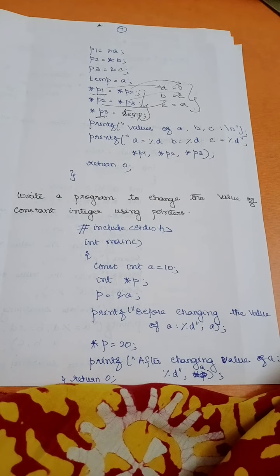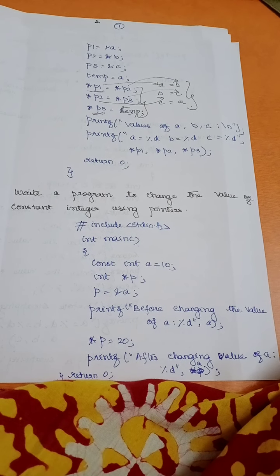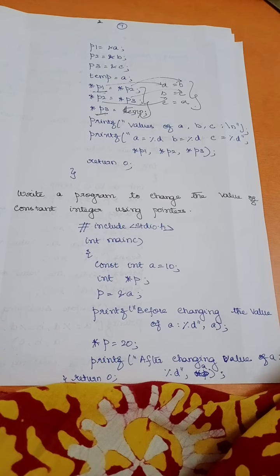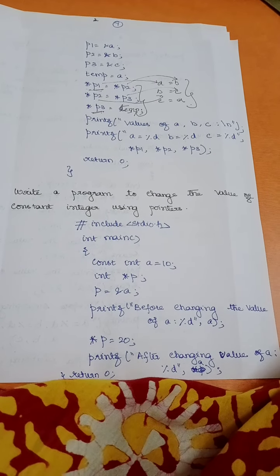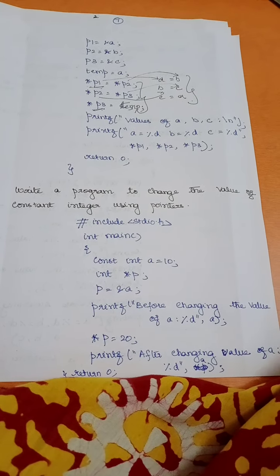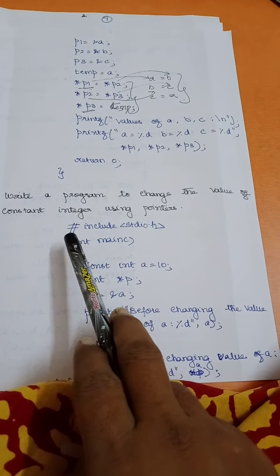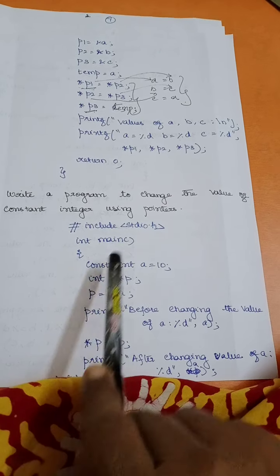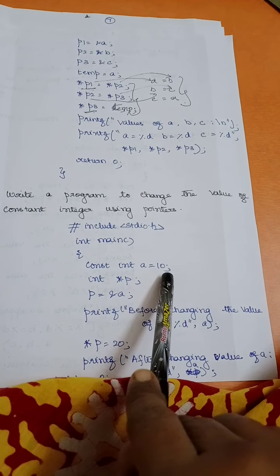What do you mean by a keyword called constant? Constant means that it is not going to be changed throughout the program. Once it has been initialized, it is not going to be changed throughout your program. Right? But here when you see #include <stdio.h>, int main, const int a equal to 10.